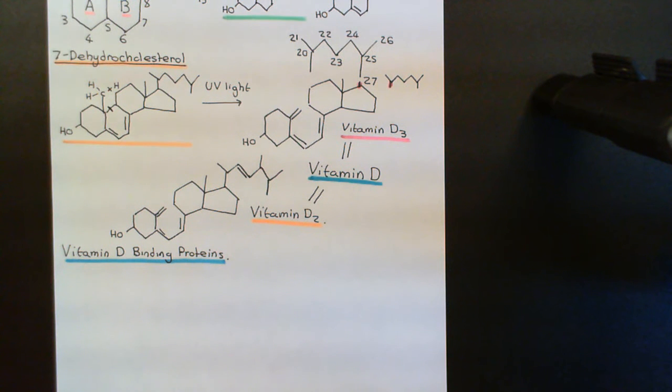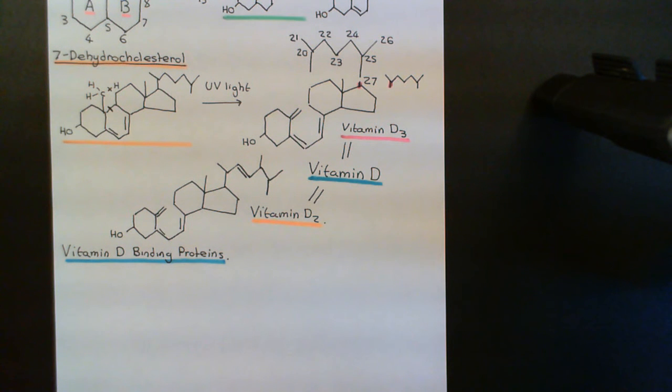When you eat a meal and get some vitamin D, or if the sun's shining and you're making vitamin D, that's when the adipose tissue will be taking up the vitamin D and storing it in its fat droplets. Whereas if your vitamin D level is too low in your blood, then the adipose tissue will be releasing the vitamin D into the bloodstream to keep your vitamin D levels at a certain level.